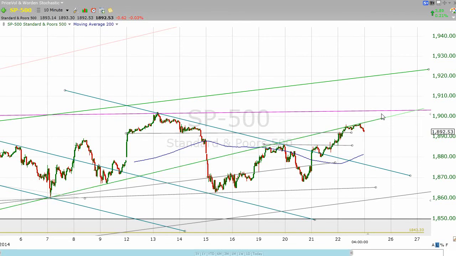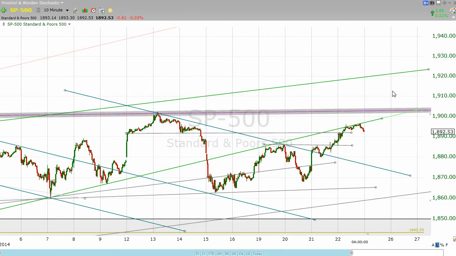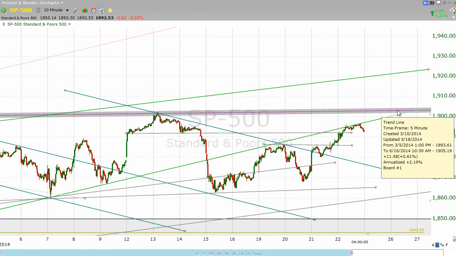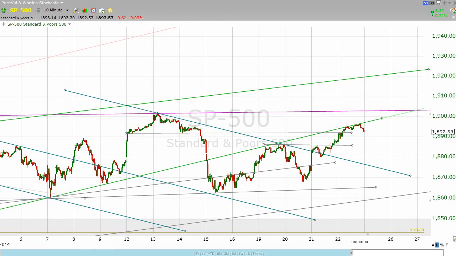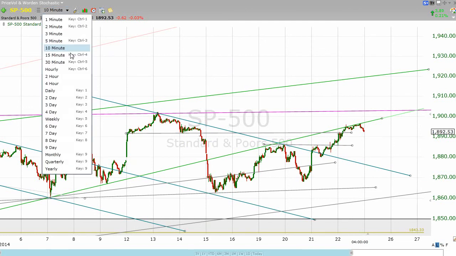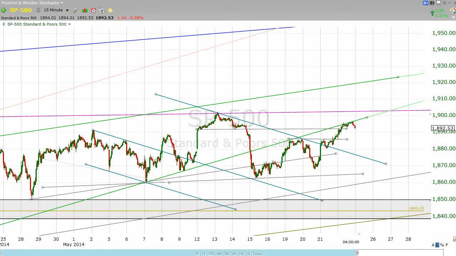Now, we do have what I would expect to be even stronger resistance up here at about 1903, let's call it. And so the only thing I can say here is at some point one would expect either the market to get over this 1903 and make that leg up to the mid or even high 1900s, or we're going to break down and start heading back down to the low 1700s.